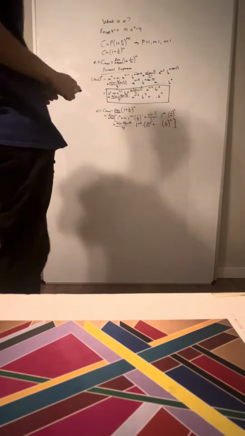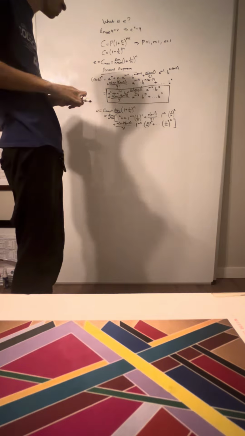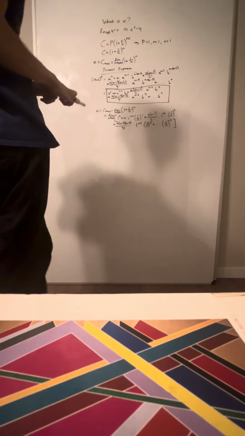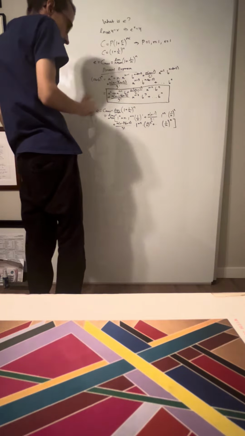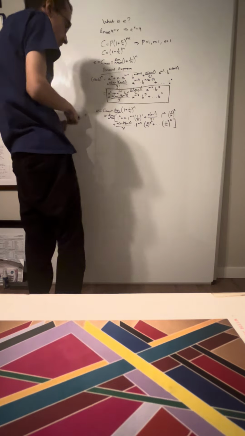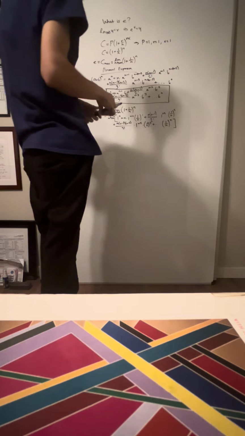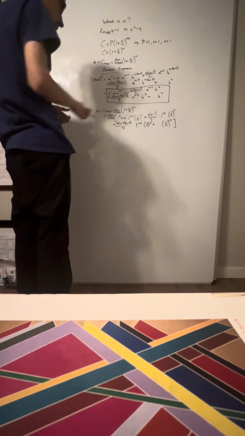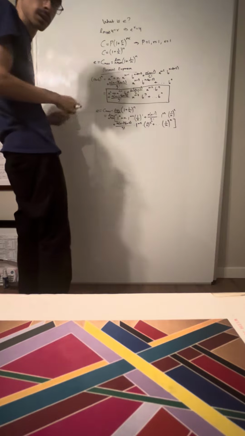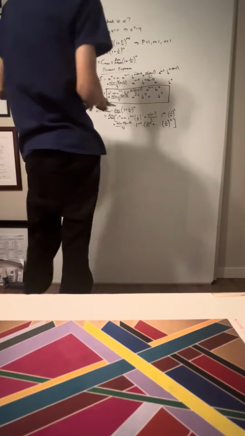Okay, so now our task is we're going to try and clean this up a bit. So as I said, the 1s to the power of anything here, that's just going to be 1. And unless we're adding the 1 like we're doing initially, then 1 times whatever it is, that's just going to cancel out.